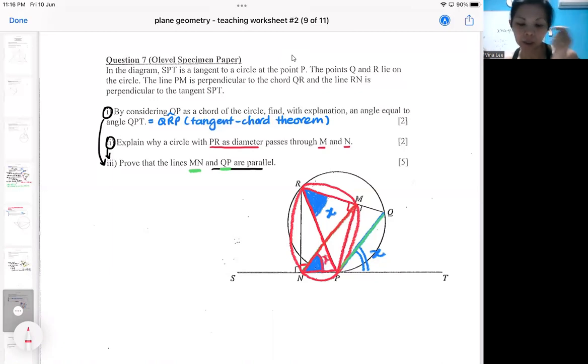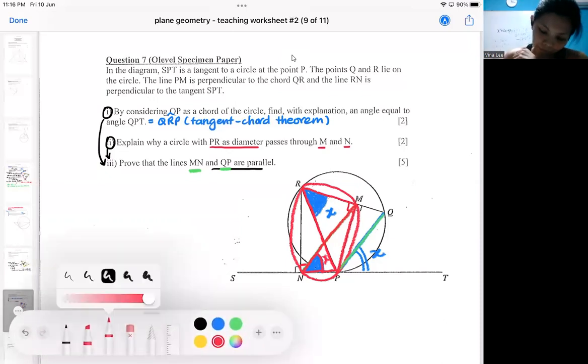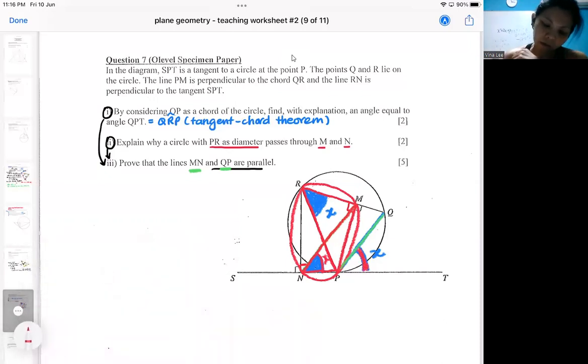So this is actually an X, and this contributes the corresponding angle. This contributes the corresponding angle. So these two behave like corresponding angles.